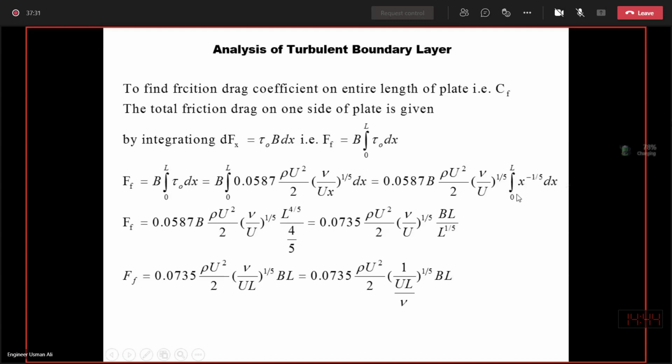So the integration of x power minus 1 by 5 is x power minus 1 by 5 plus 1, that is 4 by 5, divided by minus 1 by 5 plus 1, which is again 4 by 5.